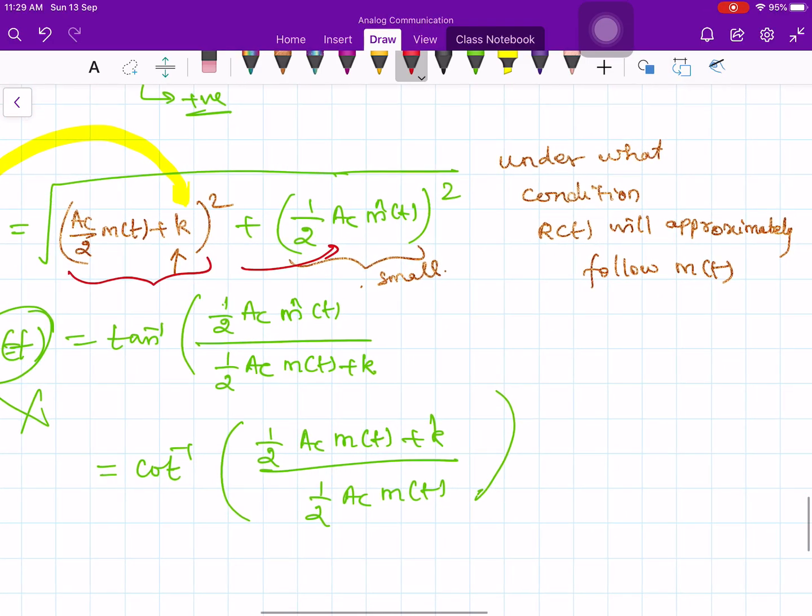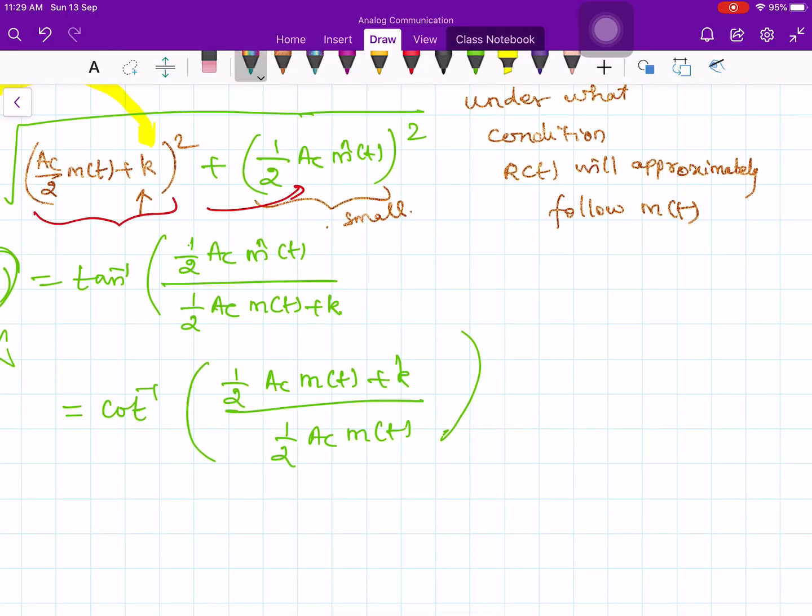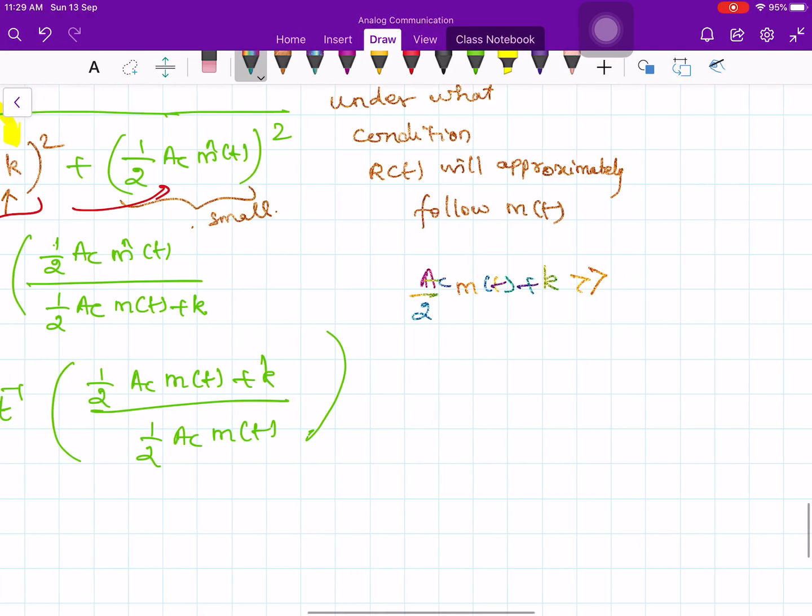Okay, so the first term dominates over the second term. In that case, 1/2 AC m(t) plus k will be much larger than AC/2 m cap(t). The moment you receive the signal, m(t) will be very low and AC also very low at the receiving end.